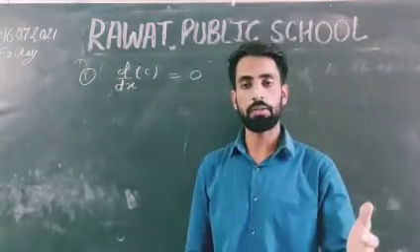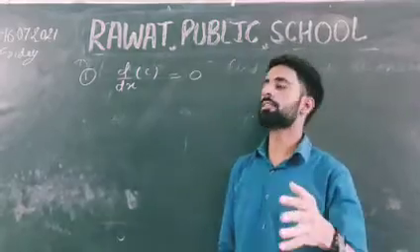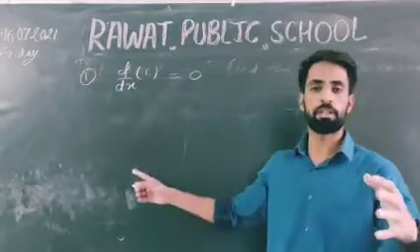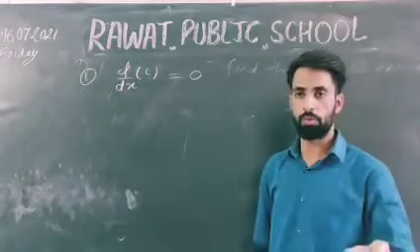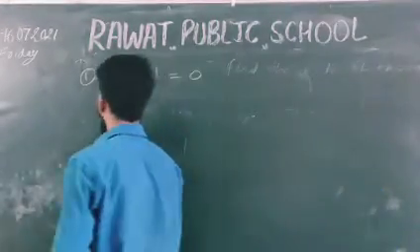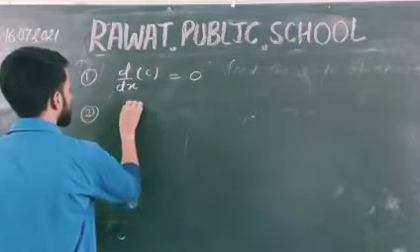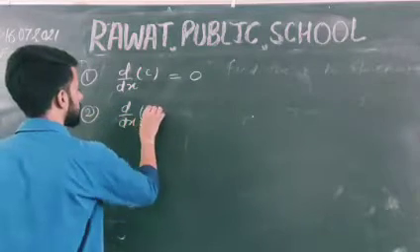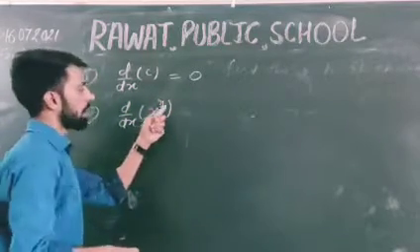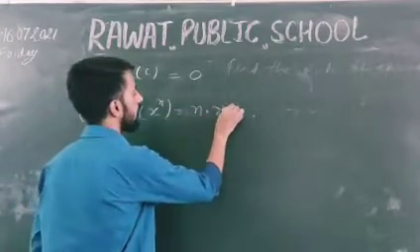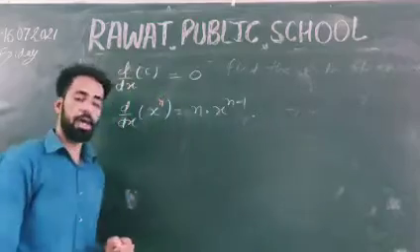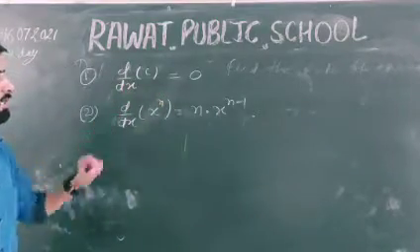That's why it is called constant. When you differentiate with respect to any quantity, the change in a constant is always 0. The second thing, we have variables in algebra, and a variable can have a power as well. So it is given by n times x to the power n minus 1. So these are the algebraic functions.